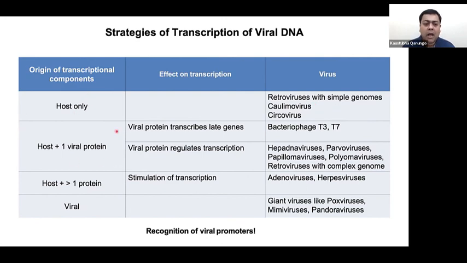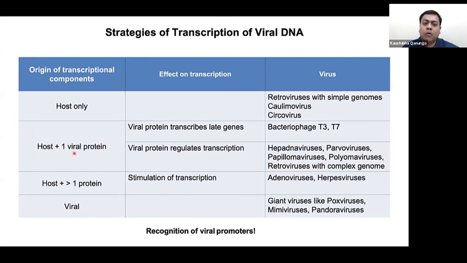But here what we are seeing are some of the viral proteins of the late genes, like bacteriophages. They need the host proteins like this, but at least one viral protein. And you can also see that herpesvirus, parvovirus, papilloma, polyoma, and retroviruses with complex genomes also need at least one viral protein in addition to the host transcription factor.